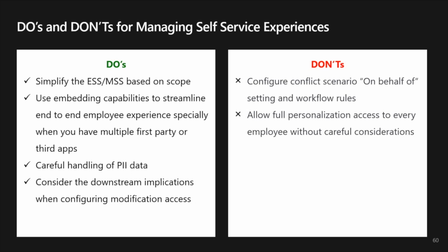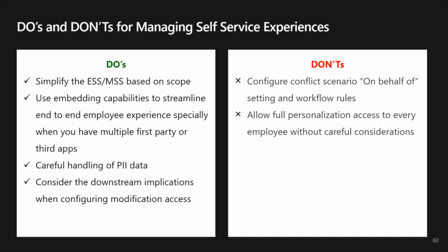Use the embedding capabilities that we discussed when you have multiple applications, so as to streamline the end-to-end employee experience. Careful handling of the PII data is important. We just went over that. And do consider the downstream implications when configuring the modification access.